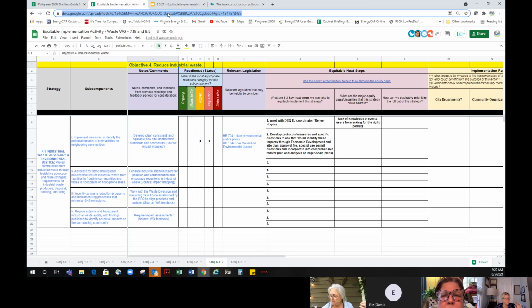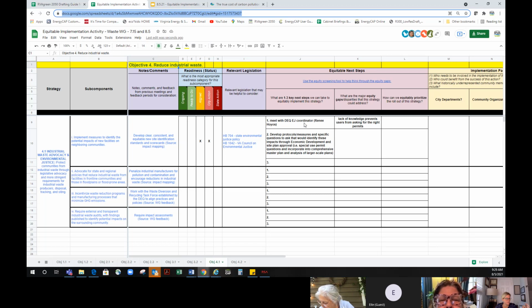Yeah. It's on the first slide, the link to this. Understood. Sorry about that. No problem. I can also just make this bigger if that would help. But the objective is reduce industrial waste, and then the strategy is advocacy and environmental justice.